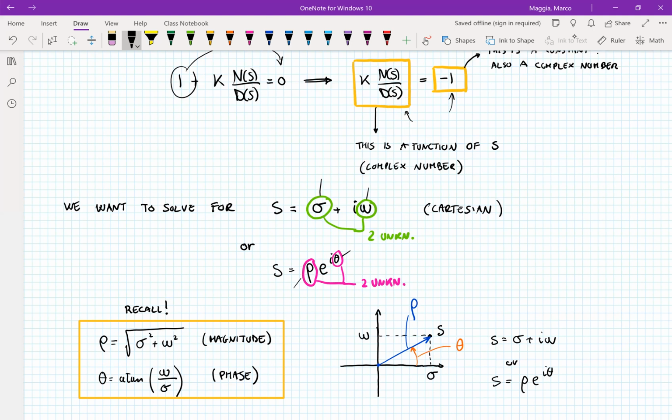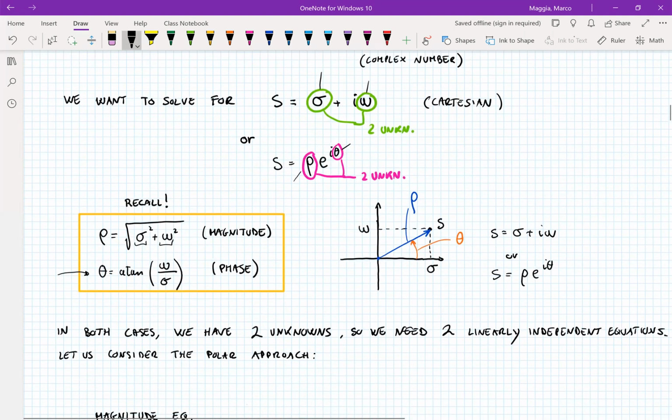Very important that you remember this. So magnitude is given by the square root of the real part squared plus the imaginary part squared. Phase is arctangent of imaginary part over the real part. I'm going to talk a little bit more about the function arctangent later on, I hope today, otherwise next time, because you have to be careful of the signs of the numerator and the denominator when you calculate arctangent.